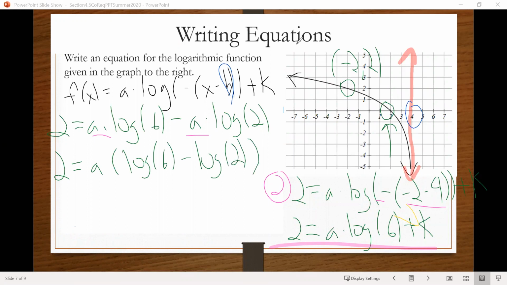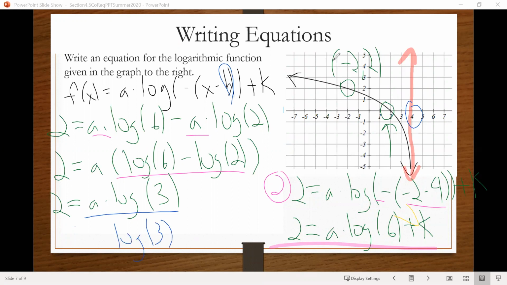But here now we have a log minus a log, and we know that we can rewrite that using our log properties. This becomes 2 equals a times log of, we can divide 6 by 2, which will just become 3. So this becomes 2 equals a times log of 3. We can solve for a then by dividing by log of 3 on both sides.